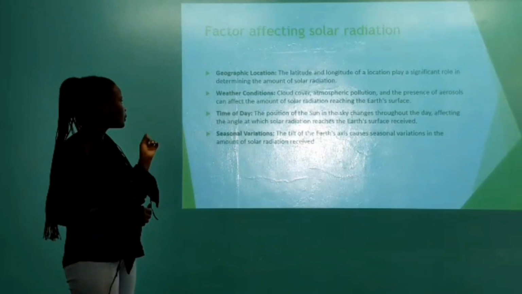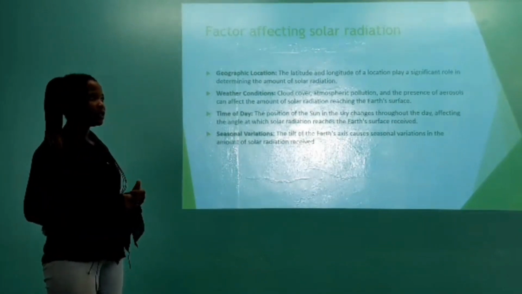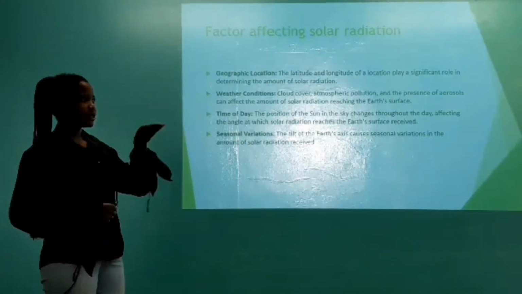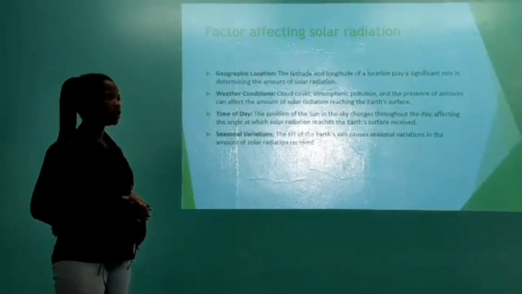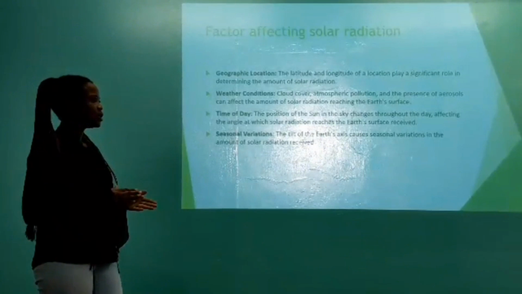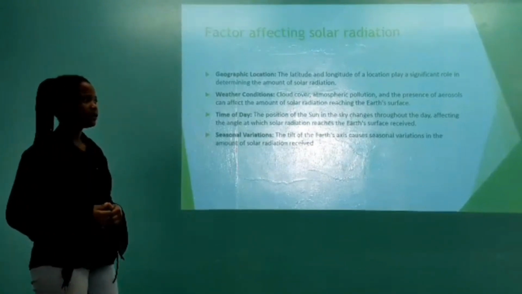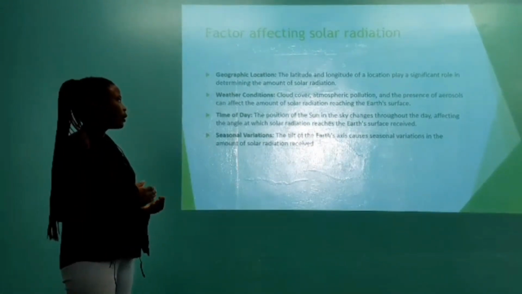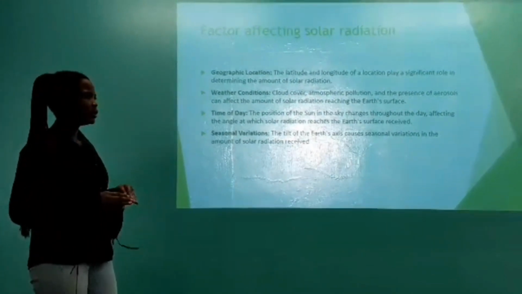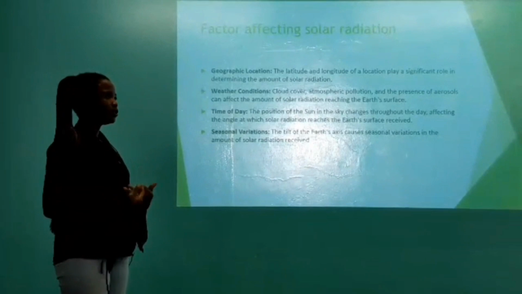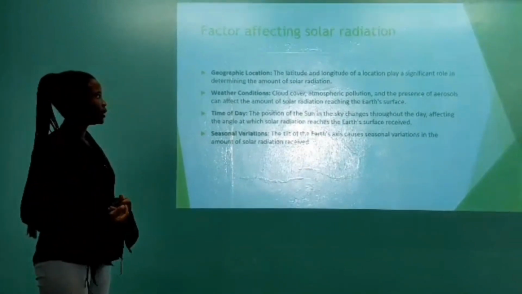When we have a clear sky, with no cloud, the solar radiation we receive on the Earth's surface is very high. When the sky is covered by cloud, it does not receive much solar radiation.